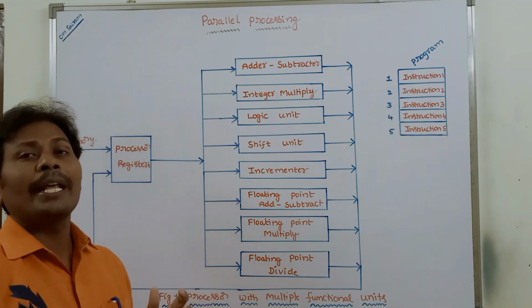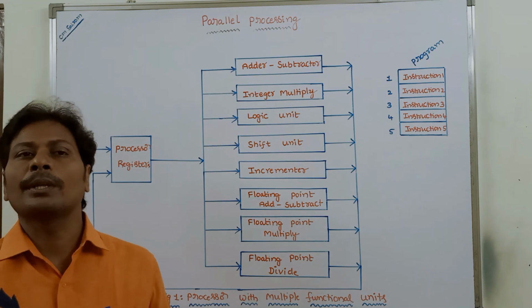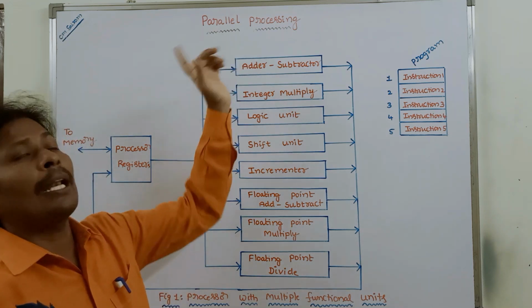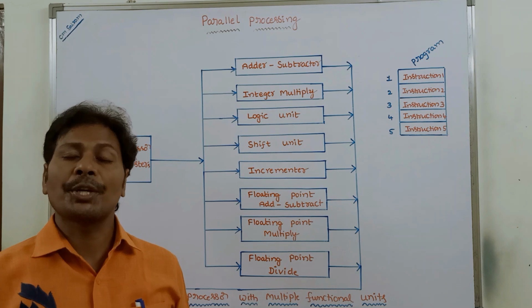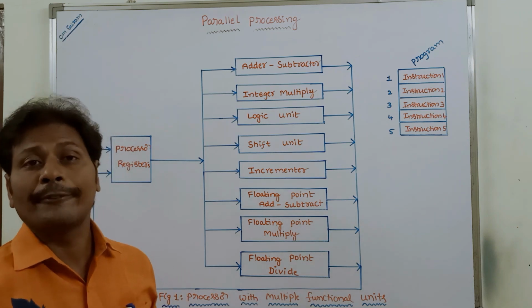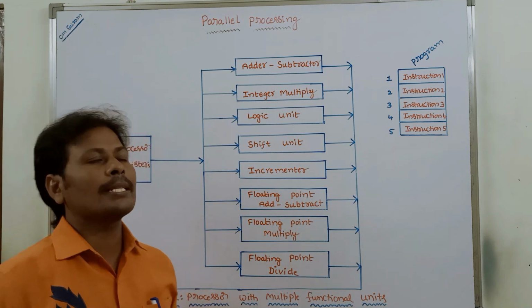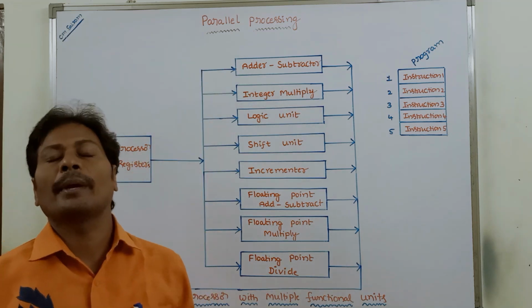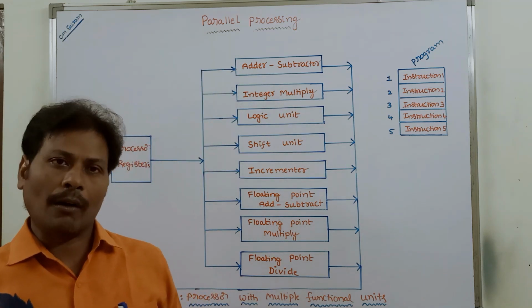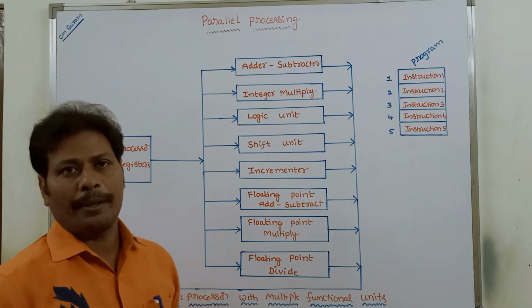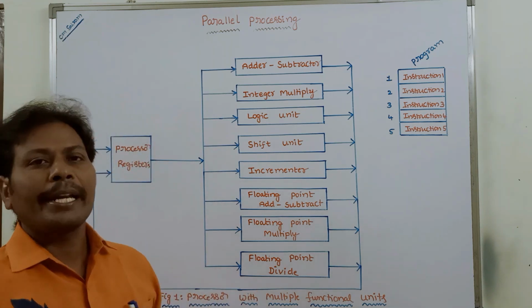Whenever the hardware cost is reduced, parallel processing can be achieved in an economically feasible way. That means parallel processing can be achieved at less cost. This is one way.